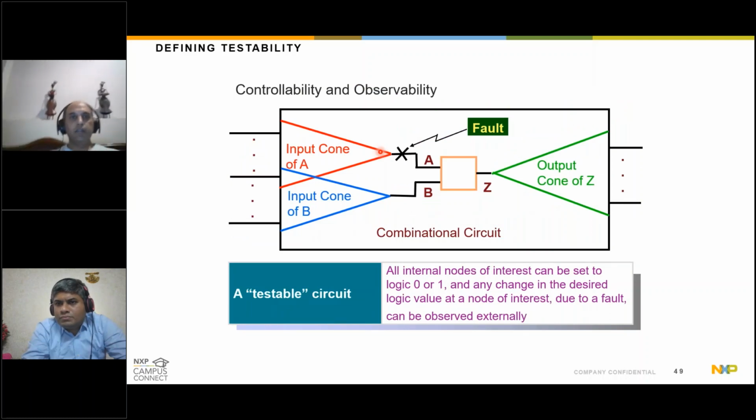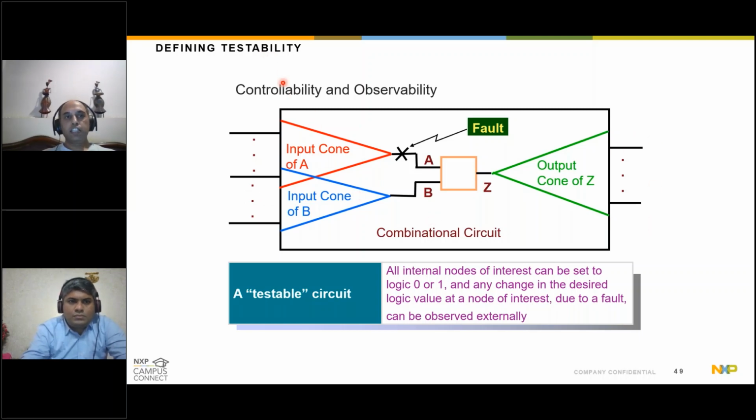That controllability and observability concept is explained here. Let's say this is one 2-input gate and one output, and these are the nodes at some deep down hierarchy in an SOC. When you trace the input cone and output cone through a lot of sequential and combo elements coming in the path, it will ultimately reach the primary inputs and the primary outputs, right?